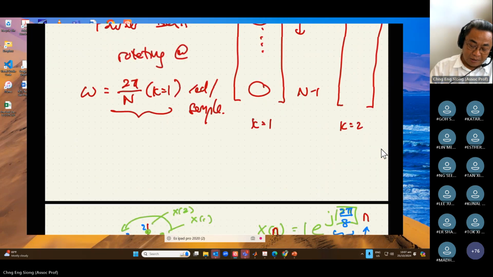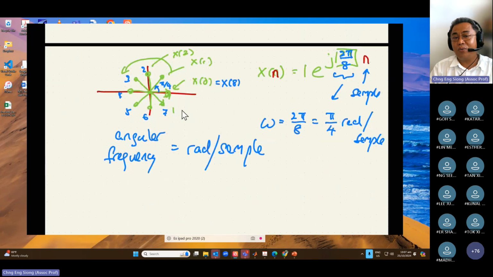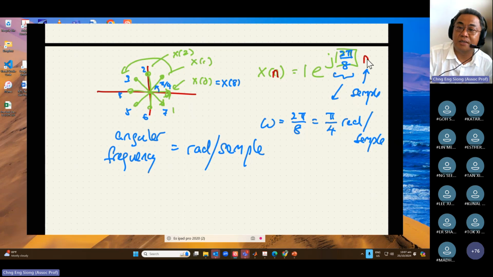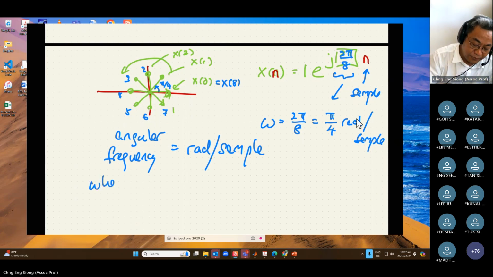Now, guys, why do I draw a circle? Because I am drawing a complex exponential rotating. Where is my cosine and sine?